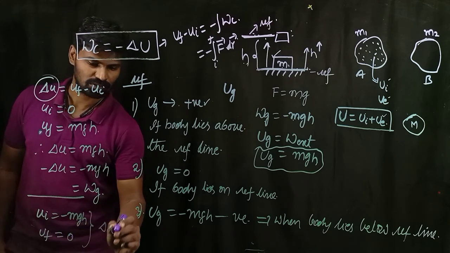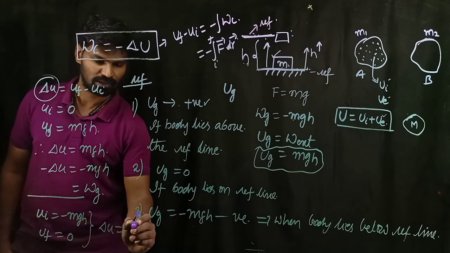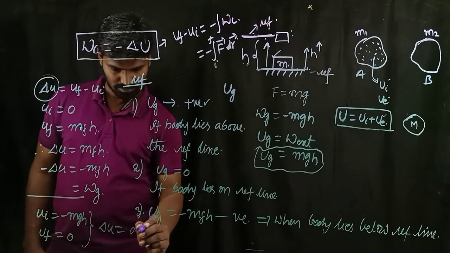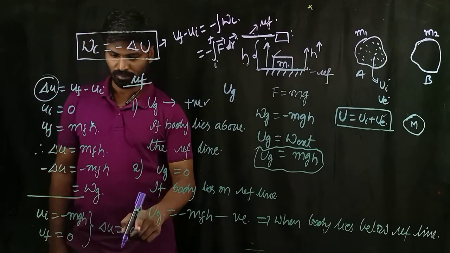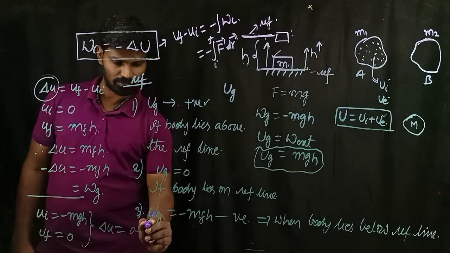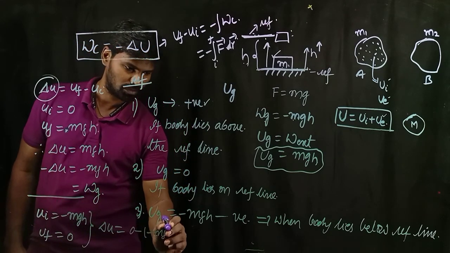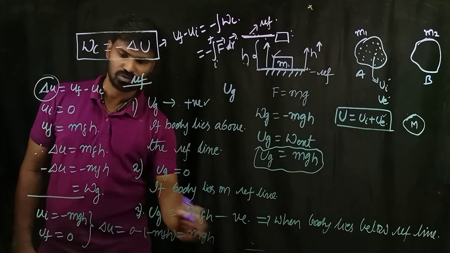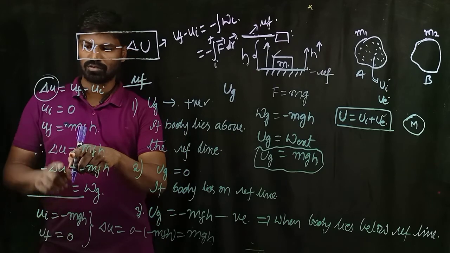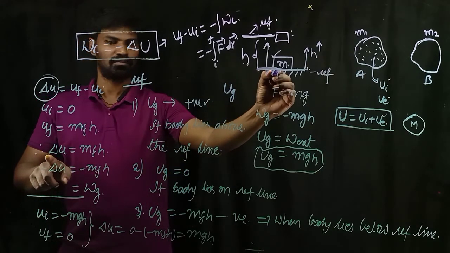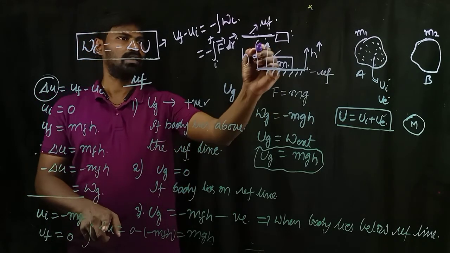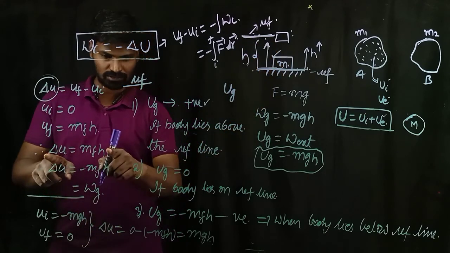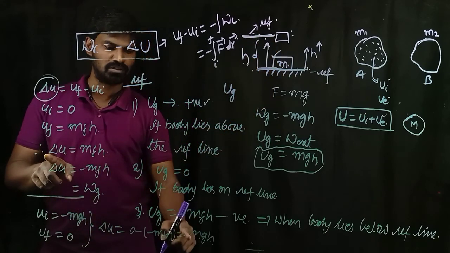Therefore delta U, which is nothing but Uf minus Ui, is 0 minus minus mgh, which is mgh only. So change in the potential energy, whether you took this ground line as the reference line or this upper line as the reference line, in every case is mgh only.